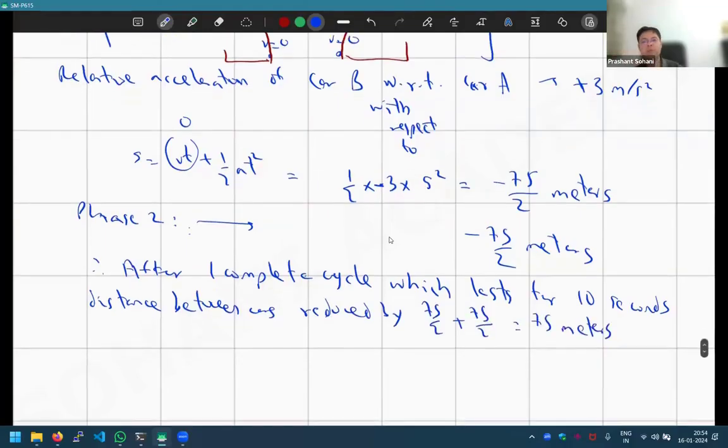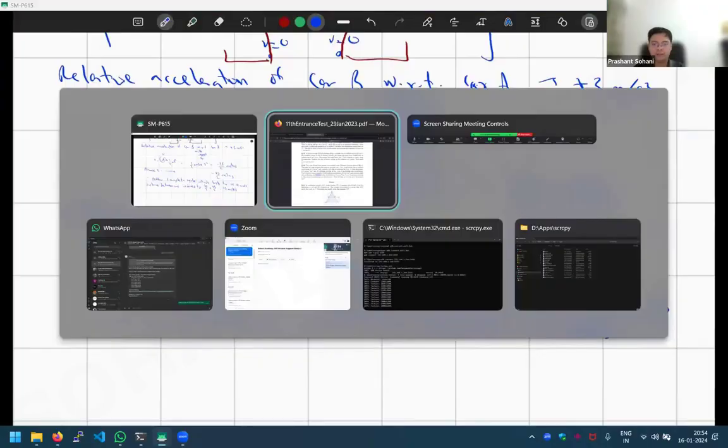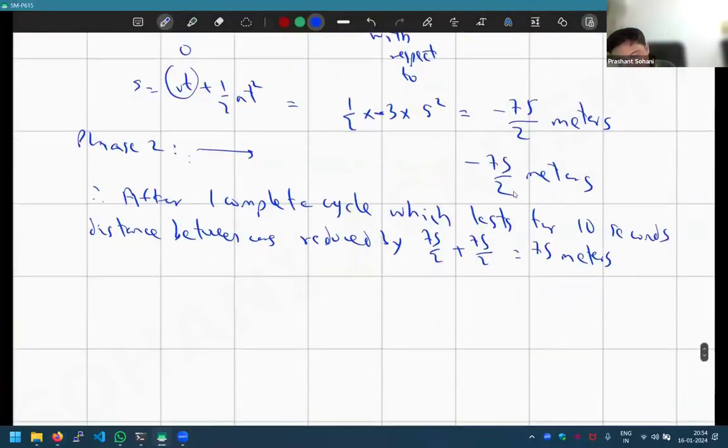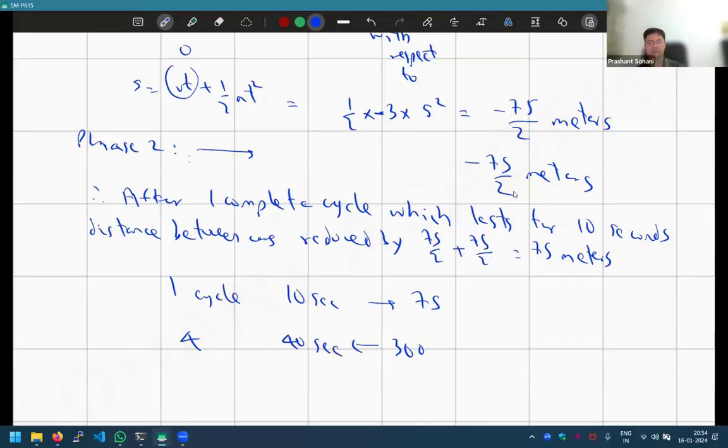And so now the question is how many such cycles will occur after which the cars will meet. The question has given the initial distance as 300 meters. One cycle of 10 seconds reduces the distance by 75 meters. So to reduce the distance by 300 meters, we will require 4 such cycles or 40 seconds. So the answer is 40. After 40 seconds, the two cars are going to meet.